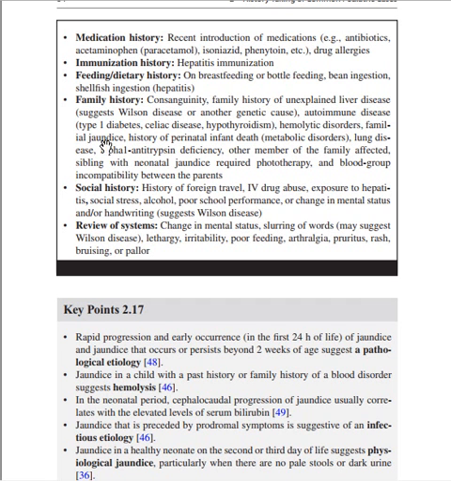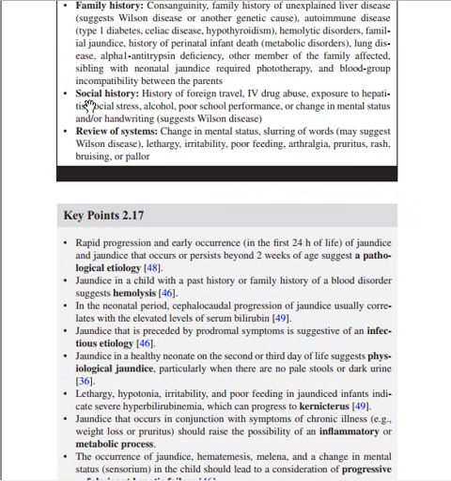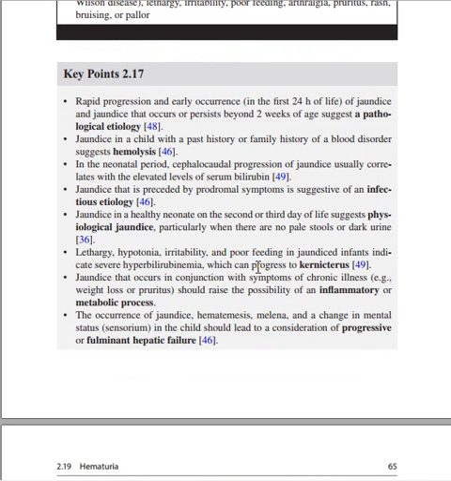Autoimmune diseases like type 1 diabetes, celiac disease, and hypothyroidism can result in jaundice. Also ask about hemolytic disorders, familial jaundice, perinatal deaths, metabolic disorders, lung disease, alpha-1 antitrypsin deficiency, and other family members or siblings affected. Then the social history.